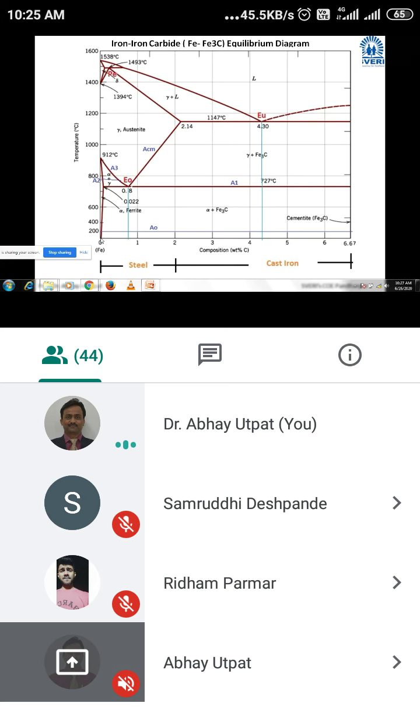So alpha ferrite starts from 0 to 0.008 at room temperature, and if you increase the temperature, it will be maximum available at 0.022. Actually it is 0.025. In books 0.025 is given.